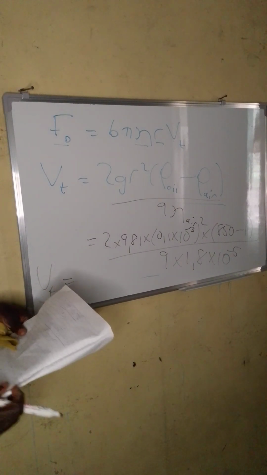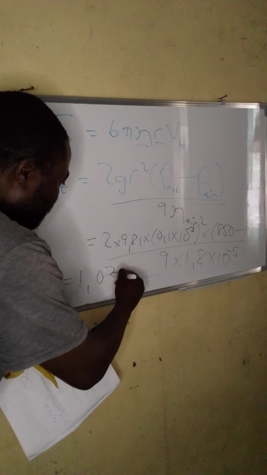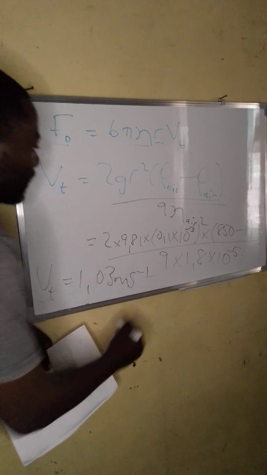If you calculate well, your v_T should be 1.03 meters per second.